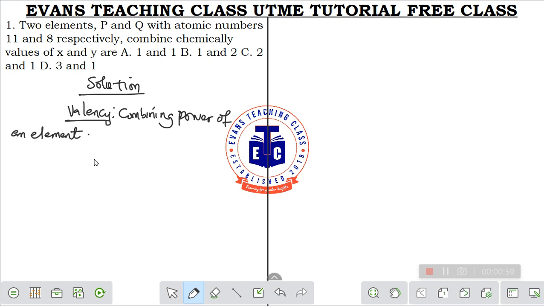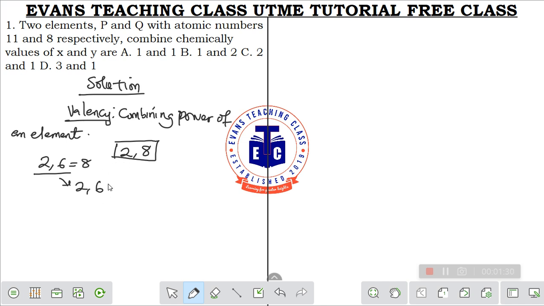For example, oxygen has atomic number 8, so it is 2,6. Normally, elements want to attain the octet or duplet configuration of the noble gases, like neon, so that they can become like noble gases.